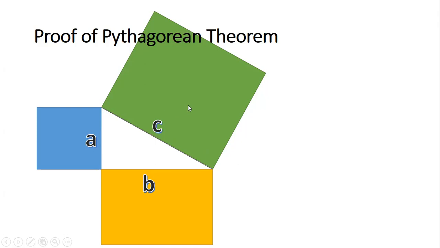So in this case, the formula is C squared equals A squared plus B squared. If we translate this, the square of the hypotenuse is the sum of the squares of the legs of the right triangle.